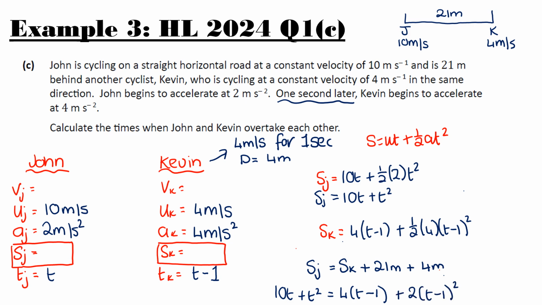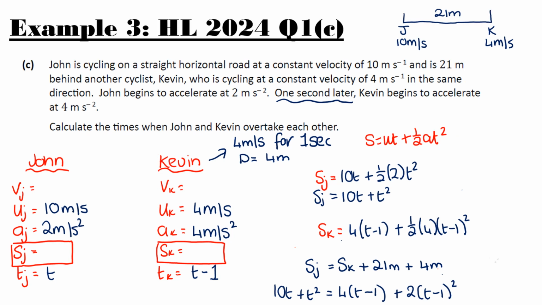And we're going to work this through and get our times. They do ask for both times, so what we assume is going to happen is that John is going to come up past Kevin, but then Kevin will pass John once again. And I nearly forgot our plus 21 plus 4, which gives us that plus 25 there at the end.